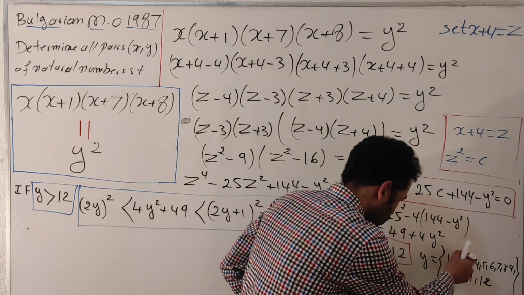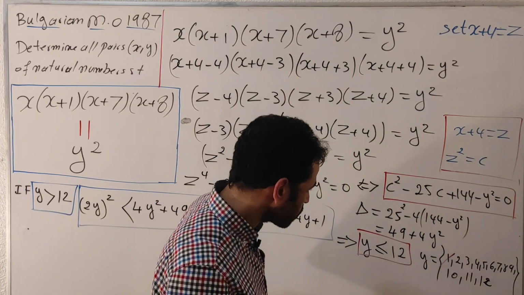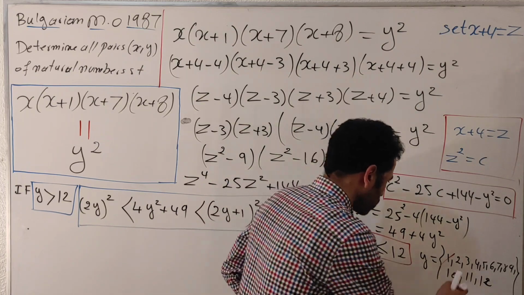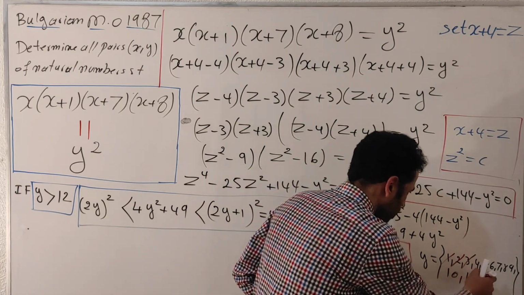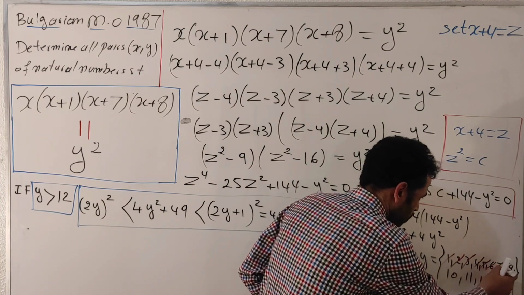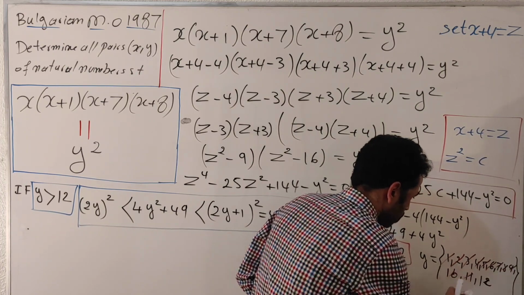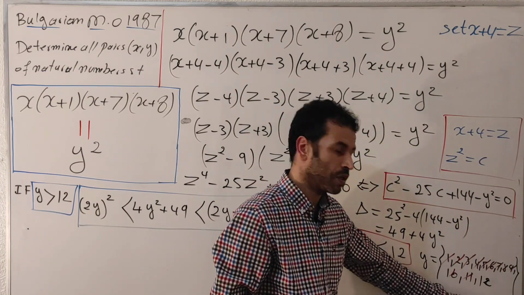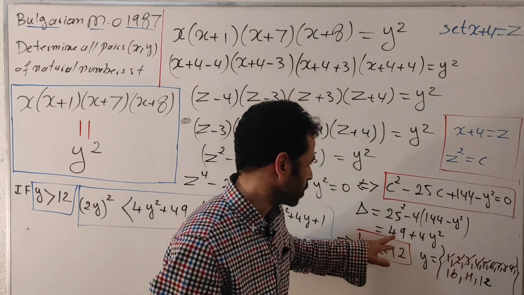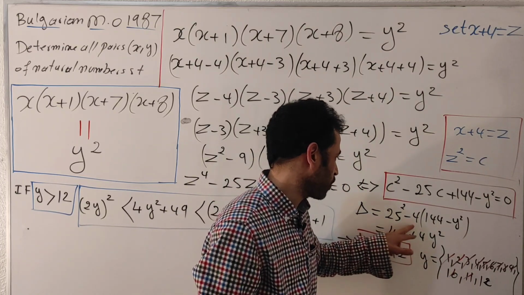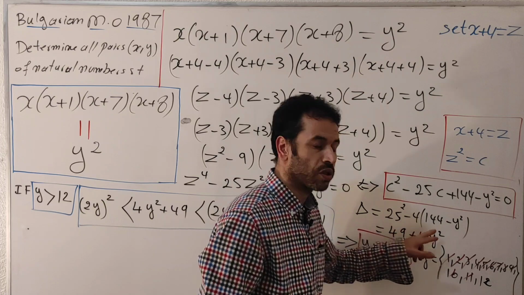This one will be ruled out. Same thing with number 2, ruled out. Same thing with 3, 4, 5, 6, 7, 8, 9, and all the way down, except number 12. If you plug number 12 here, it gives you delta equals 625, which is 25 squared.